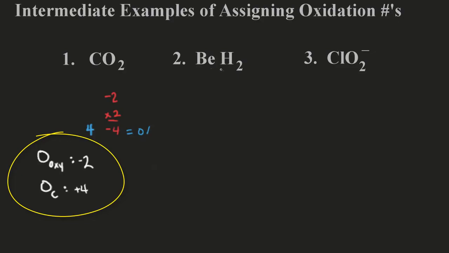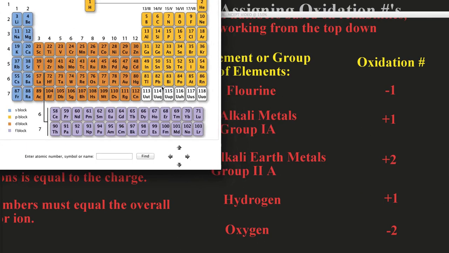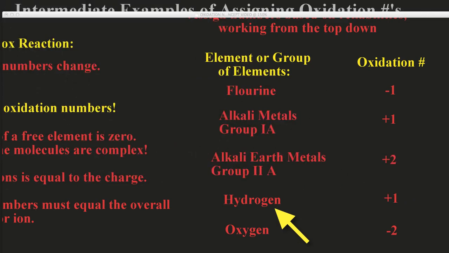Alright, here is our first example of a contradiction rule. If you look, beryllium, you remember beryllium, it's in group 2A, so the charge is +2. But hydrogen is also on this list. So what you have to do here is compare where beryllium is on this list to hydrogen.